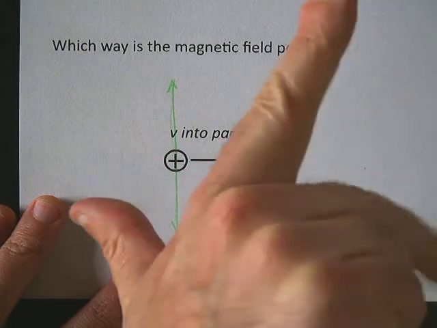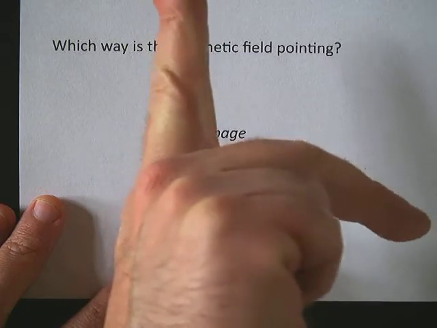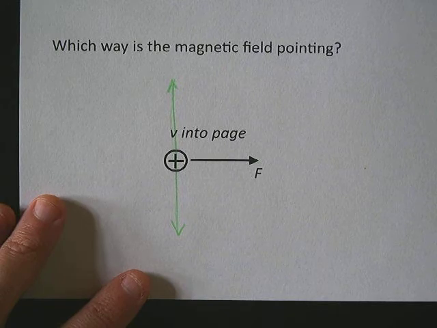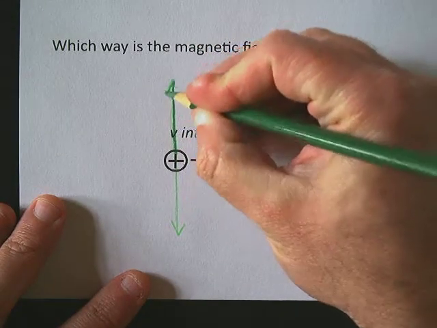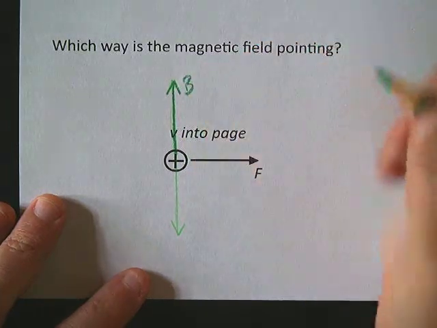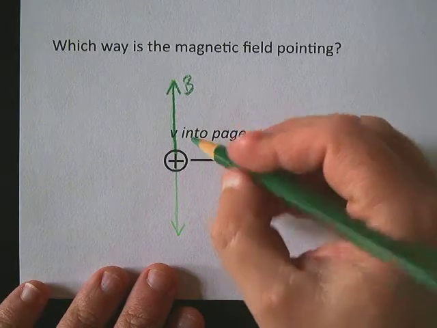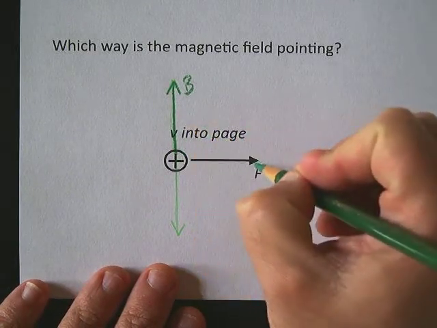So I'm going to make a guess. Let's just say that it's up. So my velocity goes into the page. I've got to do something with my force finger here, and look, my index finger is pointing up towards the top of the page. That means that my guess was correct, and yes, indeed, that is the direction of the magnetic field.